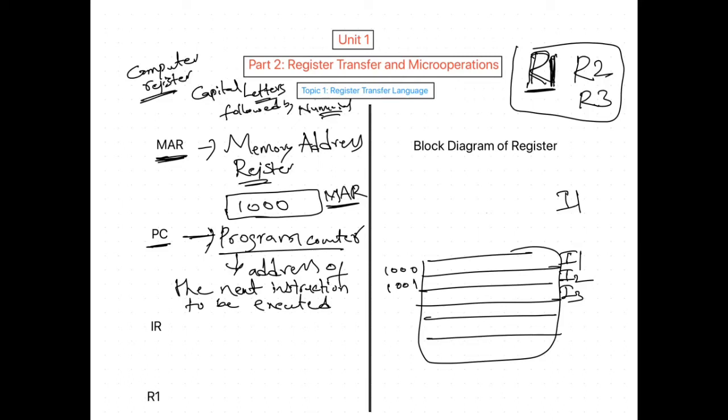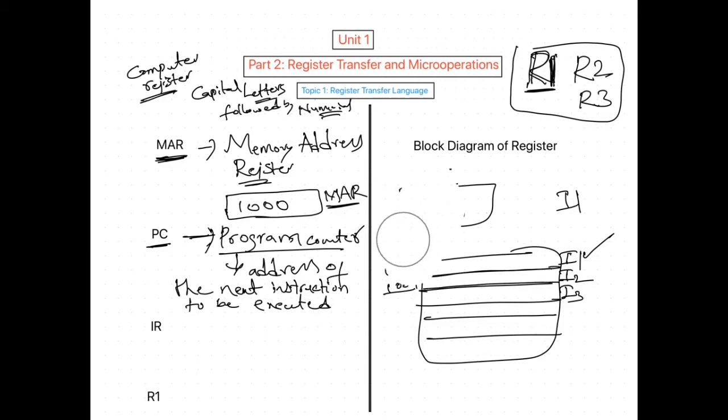Now what is the I2 address? 1001. Now what does PC contain? PC contains 1001. Why? Because currently we are executing I1. So PC stores the address of the next instruction to be executed. What is that next instruction? I2. So what is the address? 1001. Now this is the functionality of PC, right?